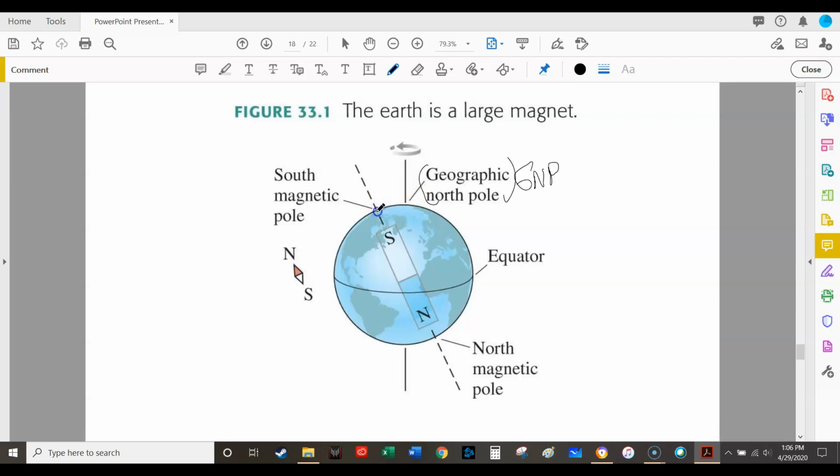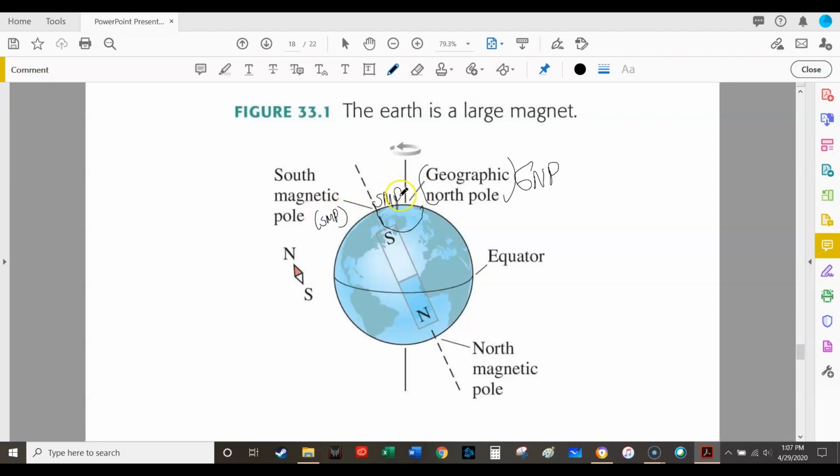Okay? And right now it's been kind of floating around for the last couple hundred years. It's been floating all over different parts of the Earth, but it's mostly in this region, the top of the Earth, right? By 23 degrees. The point that I'm saying is this, the top of the Earth is the South Magnetic Pole, SMP.